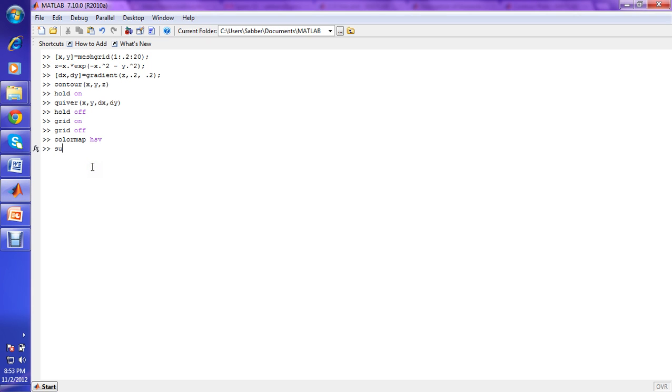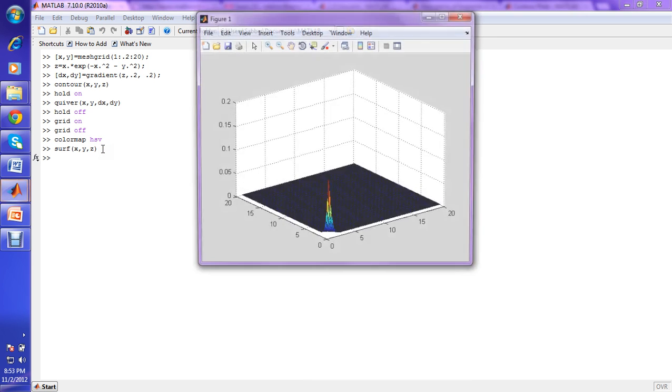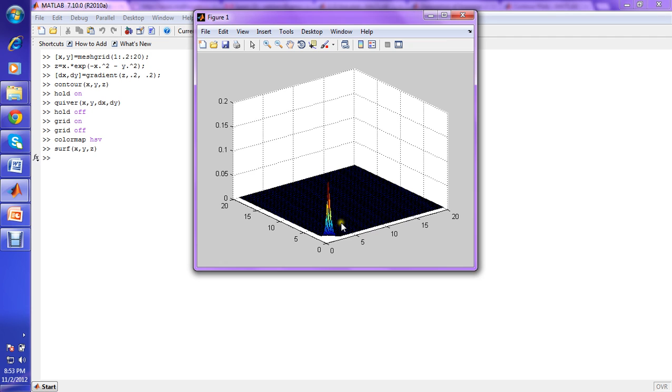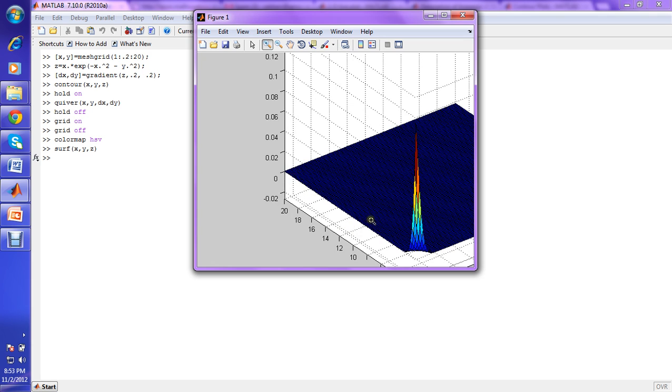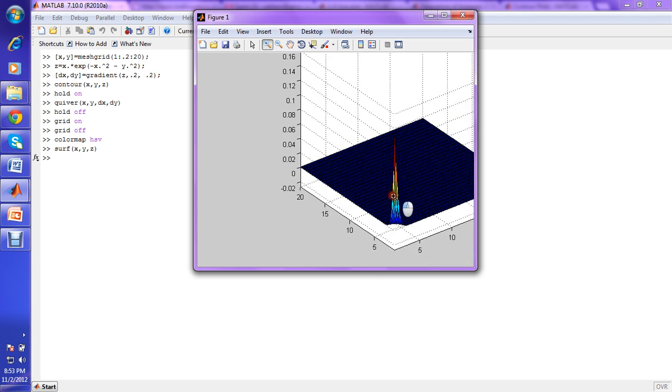So surf of x, y, z: you want our equation to be represented in three dimensions, as a surface. We have seen in two dimensions that our equations were only here, right?